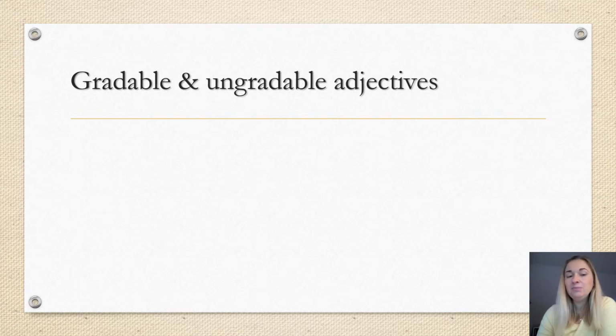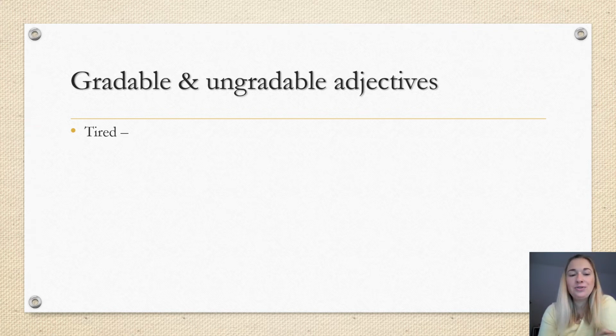Now let's take a look at both groups, gradable and ungradable adjectives. Sometimes in the language you have both variants. So you have a gradable adjective like tired, but you also have an ungradable equivalent for that. If you have the word tired, you can always say, I am more tired today than I was yesterday.